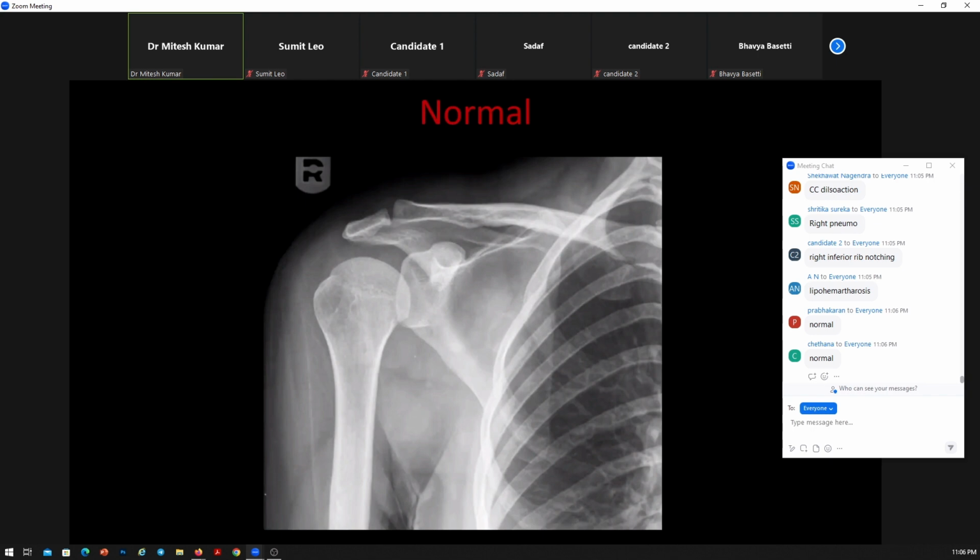Exactly. Maybe I might have used it in one or two, three cases, but usually one should not have to dig out too much to look for pathology. If you are digging too much, it means you are looking for something really very subtle, and it is most likely normal. Am I correct, Dr. Sandeep? Exactly. So at that time you're more likely to overcall findings. Correct.